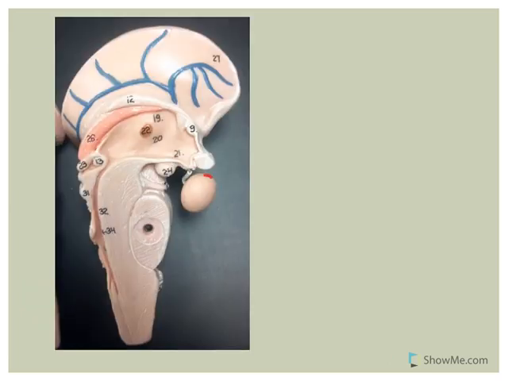So again, here's the pituitary gland, infundibulum, optic chiasm, mammillary body, hypothalamus. You see thalamus right in here. Now 22 is the intermediate mass of the thalamus. Pineal gland, 23.